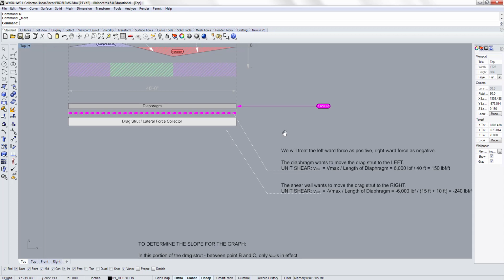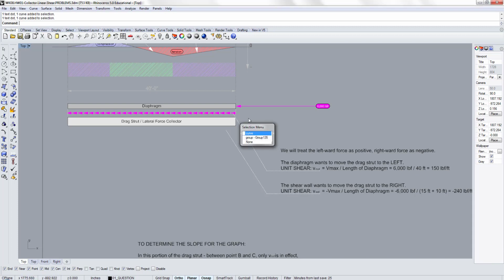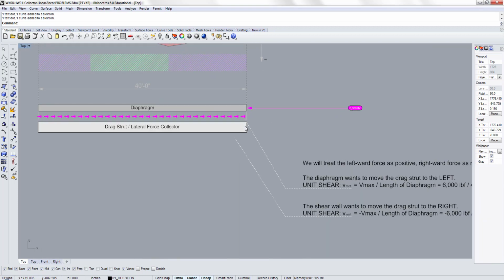In order to calculate the unit shear, we basically take this force. The diaphragm wants to move the drag strut to the left, and the total force is 6,000 pounds. If you analyze each point of this beam moving towards the left, it starts to be pushed at the very end, but at that point it's not experiencing much.